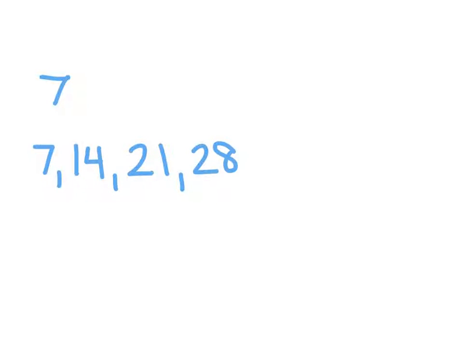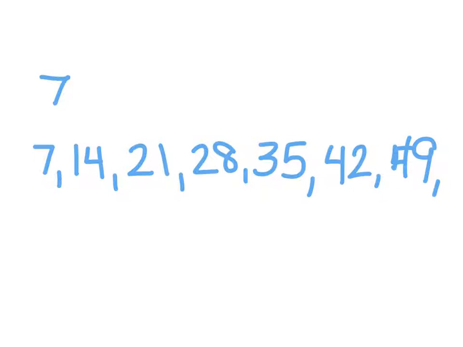Okay, multiples of 7. 7 times 1 is 7. 7 times 2 is 14. 7 times 3 is 21. 7 times 4 is 28. 7 times 5 is 35. 7 times 6 is 42. 7 times 8, whoops, I missed 7 times 7 is 49. 7 times 8 is 56. 7 times 9 is 63.